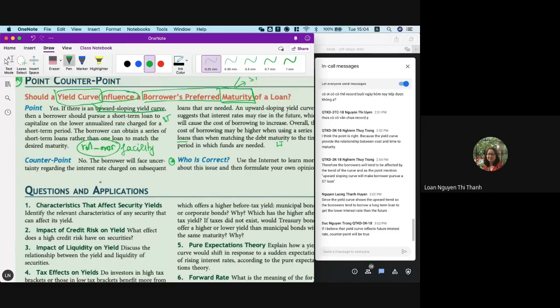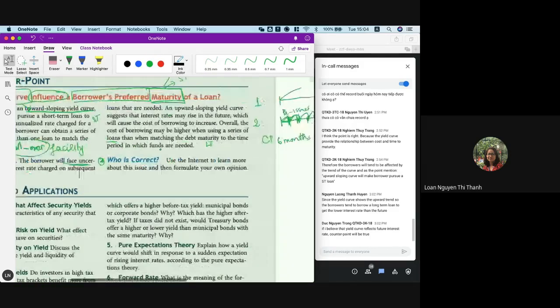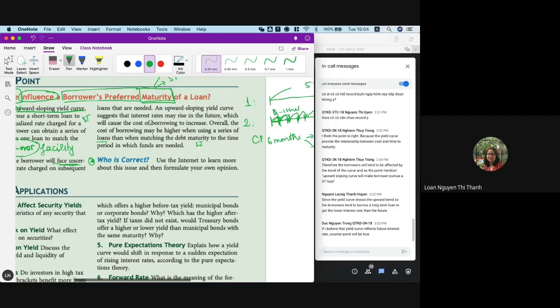Now, in the counterpoint, the borrower will face uncertainty regarding the interest rate charged on subsequent loans when needed. Upward sloping interest rate may rise in the future and the cost of borrowing will increase.